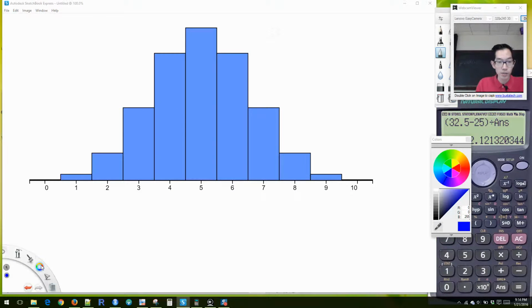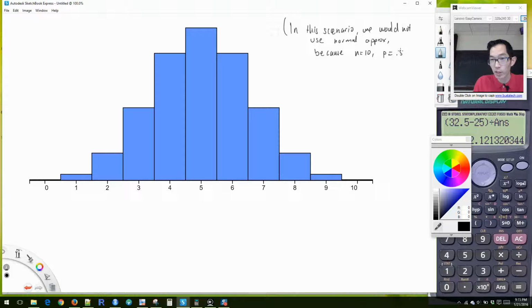In this case, n times p is not over 10, so we would not use the normal approximation, because n is equal to 10 and p is 0.5. But here we can get some insight.